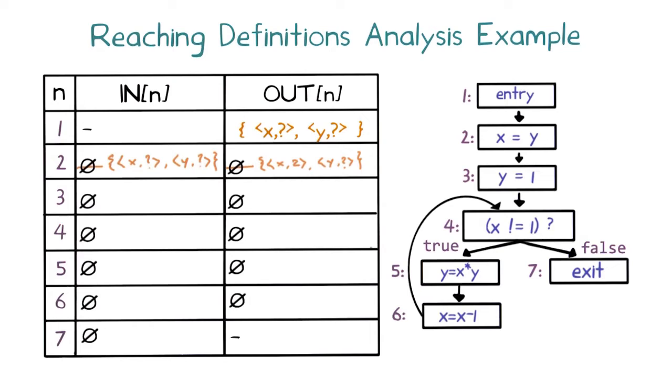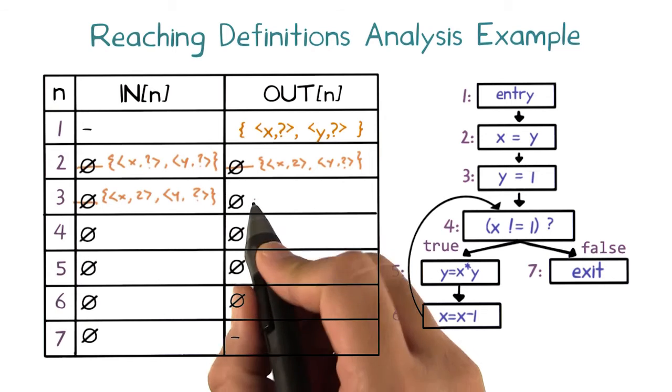Likewise, it updates the in set of node 3 to reflect the fact that the definition of x at node 2 reaches it and the fact that y is still undefined. Continuing further, it updates the out set of node 3 to reflect the fact that not only is the incoming definition of variable x not overwritten by node 3, but furthermore, node 3 generates a new definition of variable y. Both these definitions reach the exit of node 3.